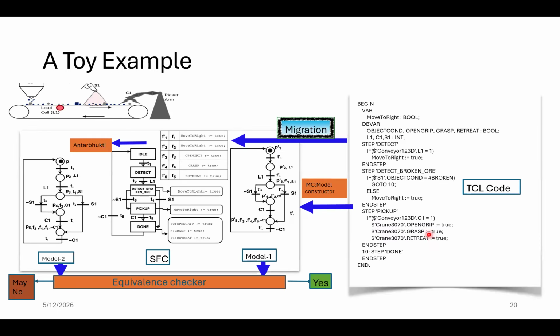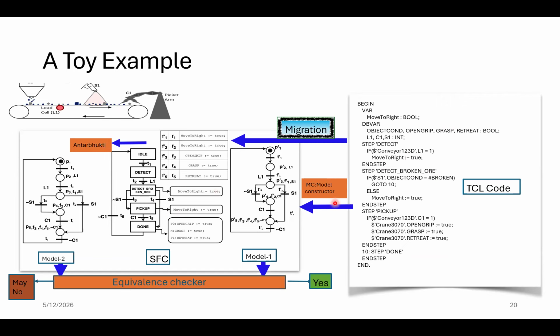So let's take a toy example. This is a conveyor belt, and there is a hyperspectral camera. Woods are coming, and it decides whether this is good quality or bad quality. This is the TCL code, and this is the migrated SFC code.